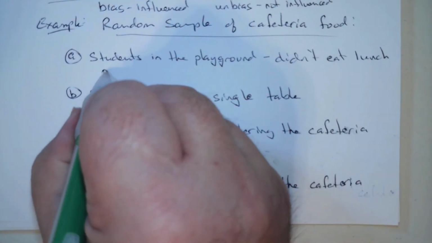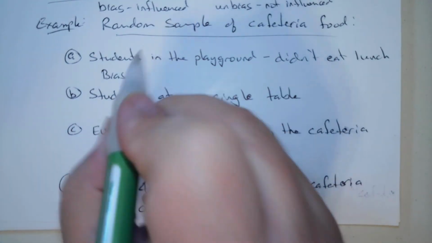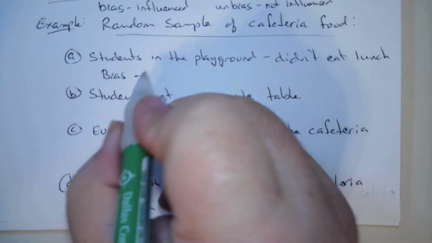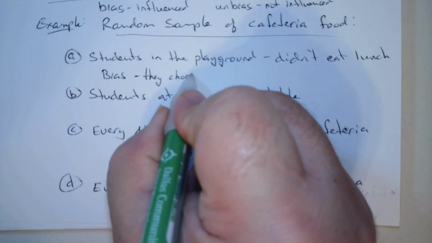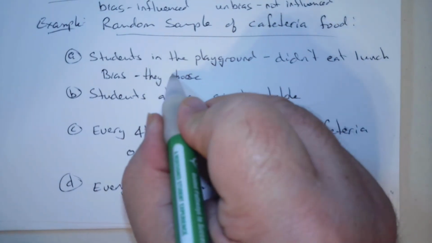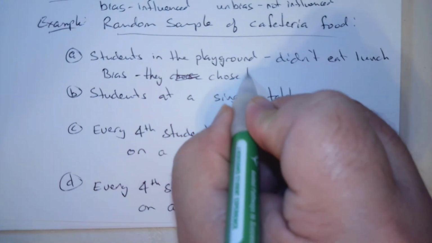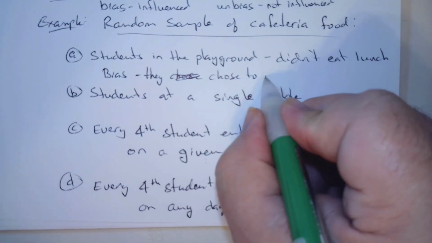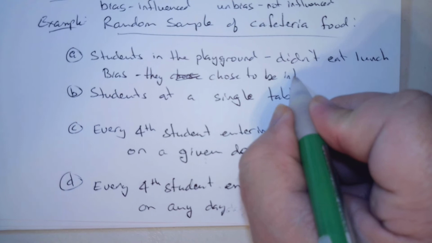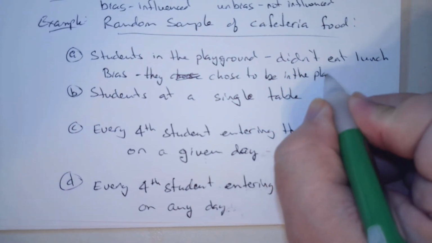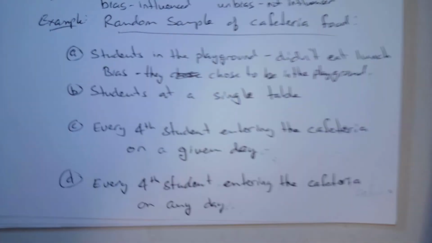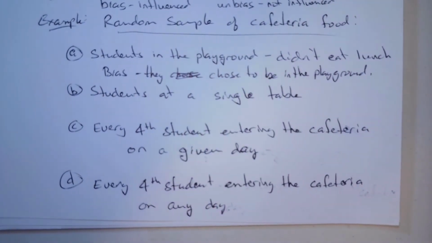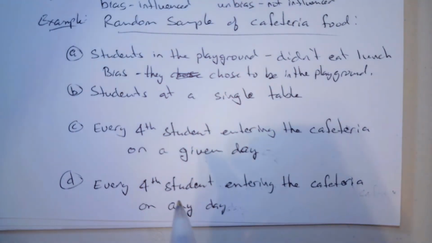This is bias, because they chose to be in the playground, because either they didn't have money for lunch, or they didn't like the lunch. So that's already a biased group.